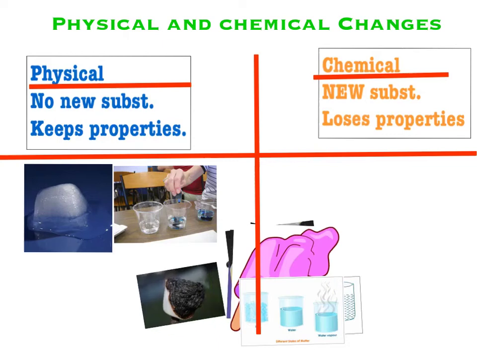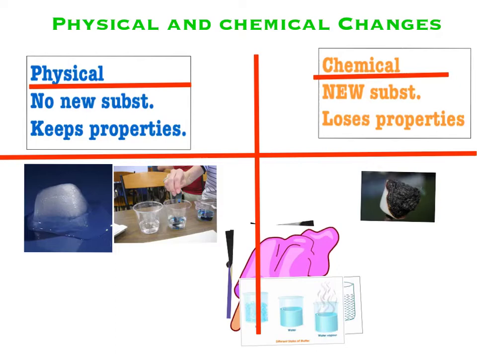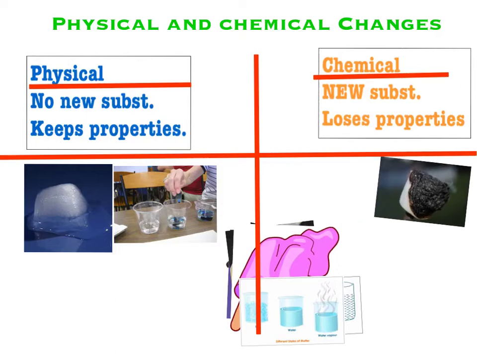The next example I have for you is a roasted marshmallow. You're familiar with this from lab. And this would be a chemical change because as you notice, you have a burnt area. This is a new substance created. It did lose the properties of the marshmallow, so it is a chemical change.